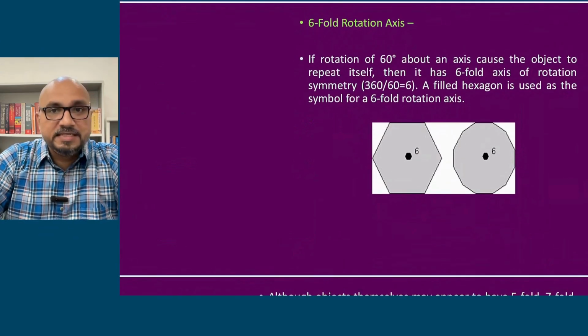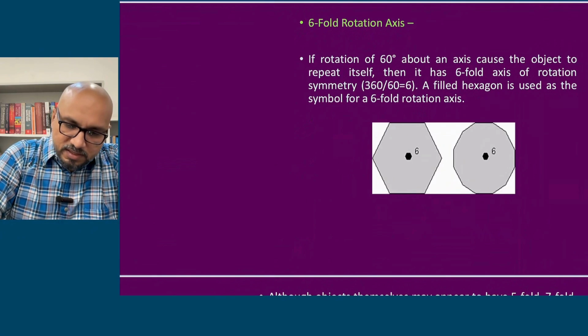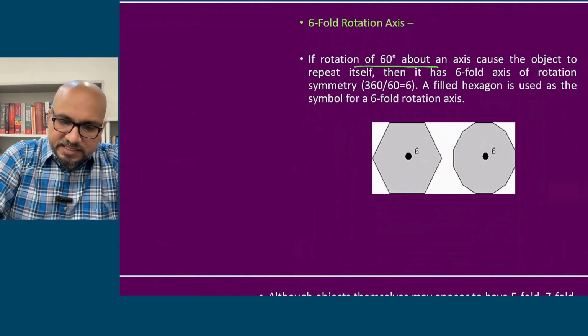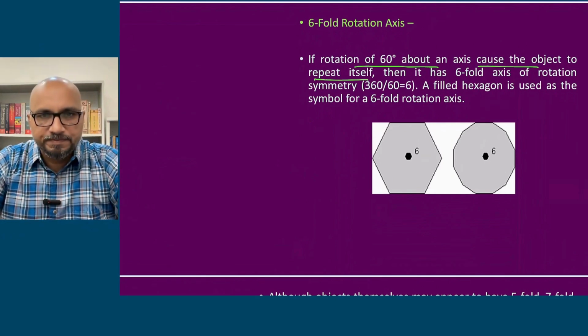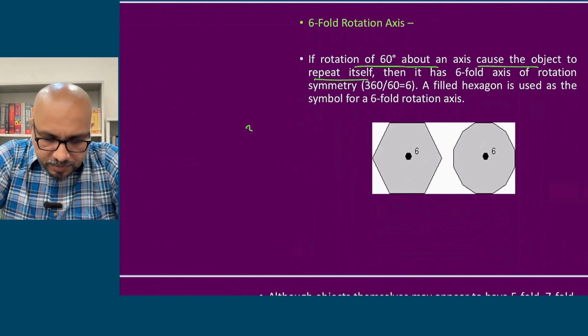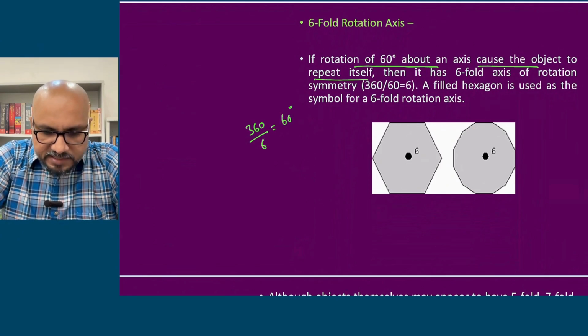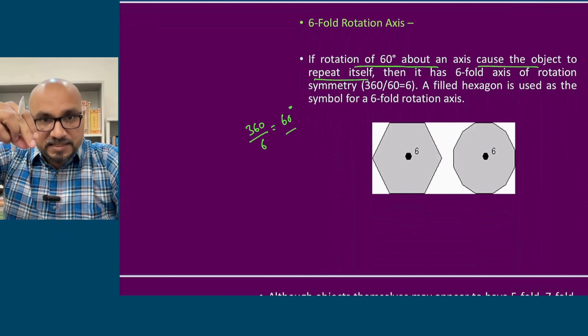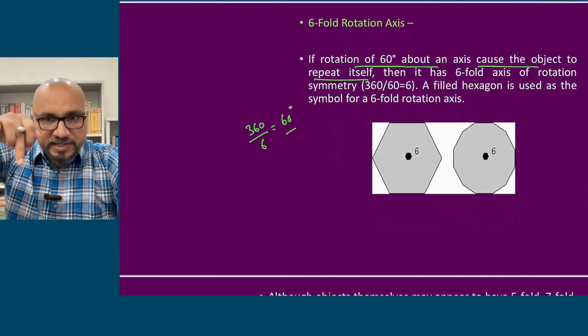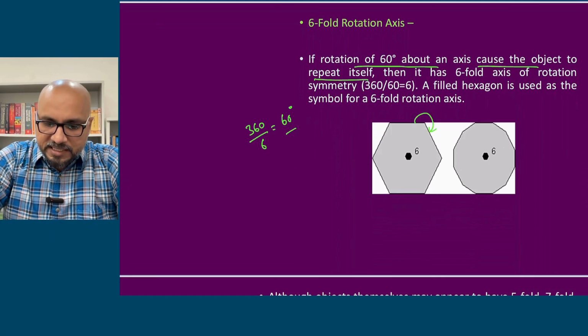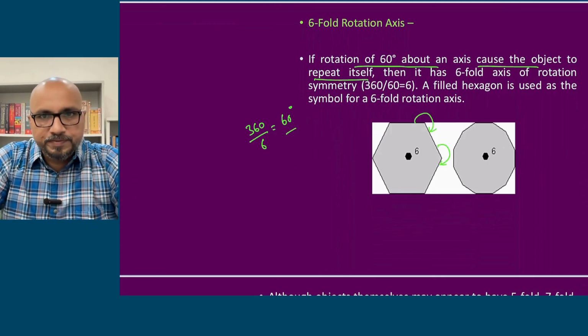Then six-fold rotational axis. So if a rotation of 60 degrees about an axis causes the same face to repeat itself. तो यहाँ पे देखो, six-fold rotation axis means 360 by 60, that is 60 degrees. So when you rotate 60 degrees, same face will appear. हर 60 degrees पे same face appear होगा तुमको.